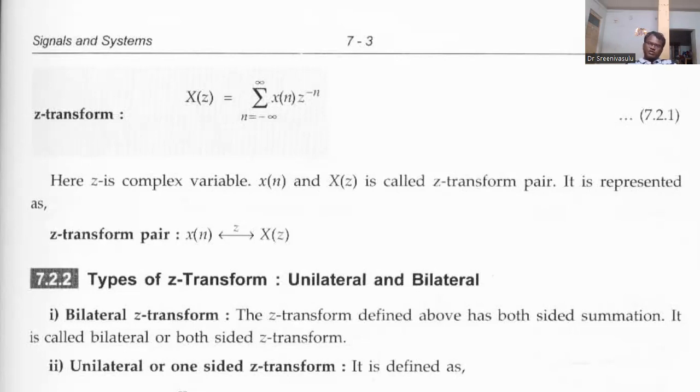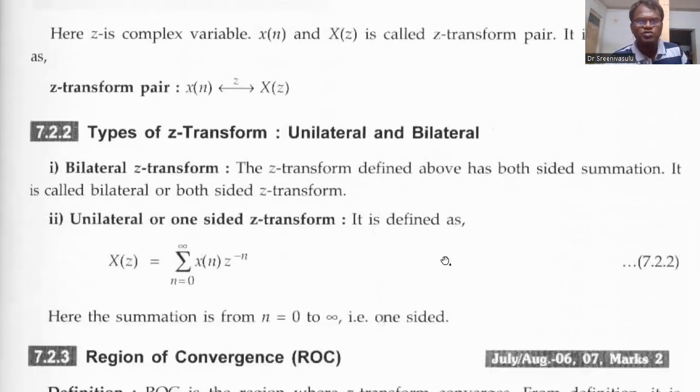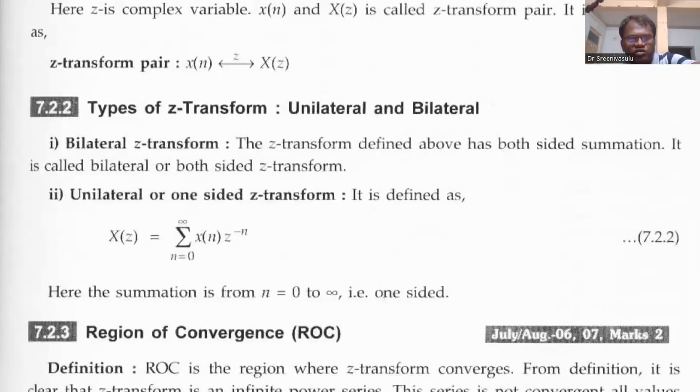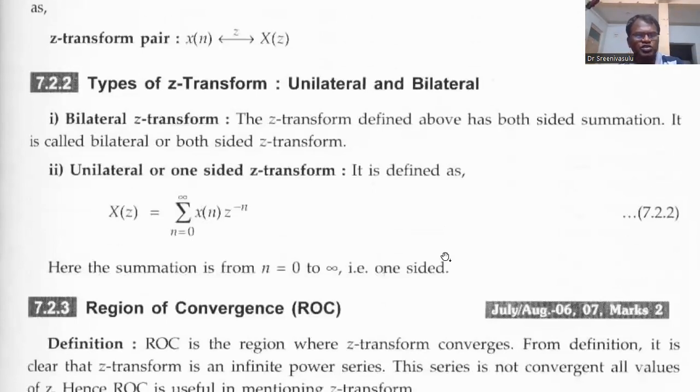First we see the Z transform, and then the unilateral Z transform and the inverse Z transform. For the unilateral Z transform, n equal to 0 to infinity. For the bilateral Z transform, n equal to minus infinity to plus infinity. That is the difference between the unilateral and bilateral Z transform.